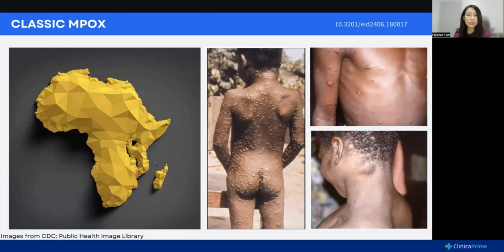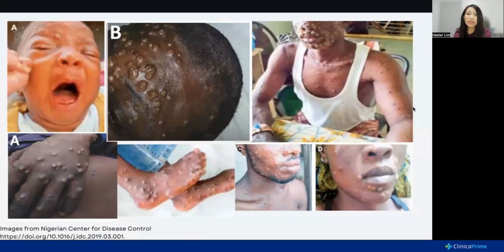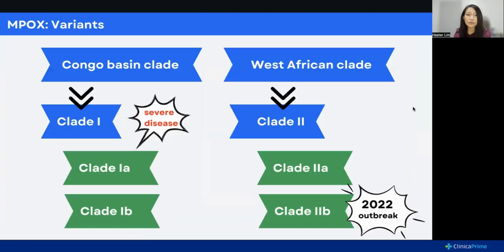Very often in these portions of Africa, it was transmitted by hunter-gatherers who were in direct contact with animals who had the condition, or individuals who ate infected meat. And so you can see a very widespread disseminated rash, very monomorphic, papular in appearance, and very significant lymphadenopathy. These are other pictures from the Nigerian Center for Disease Control.